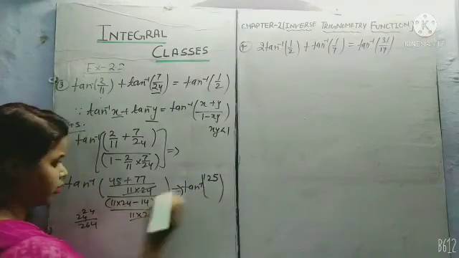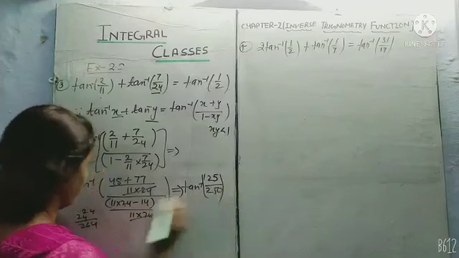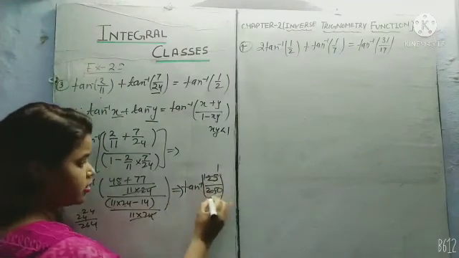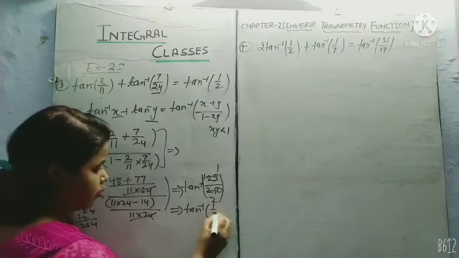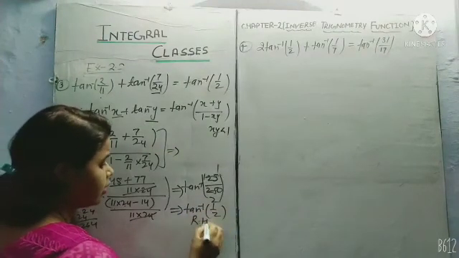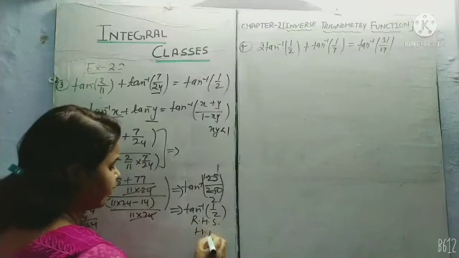So 264 minus 14, 250. Now here it is cancelled 2 times. So we will get the answer tan inverse 1 by 2, which is the right hand side.